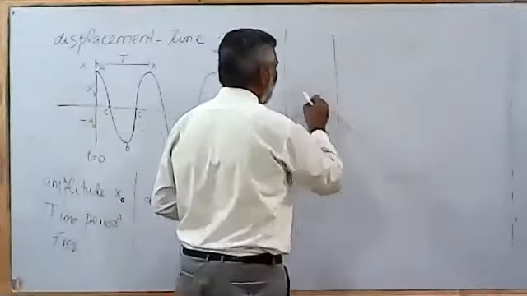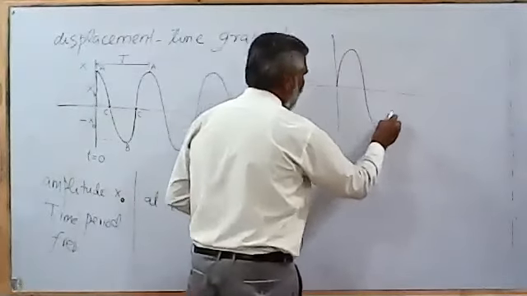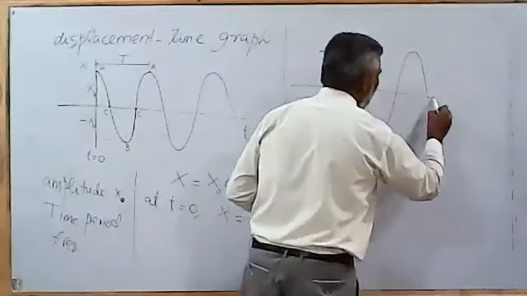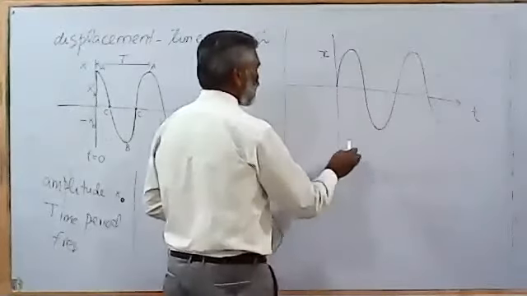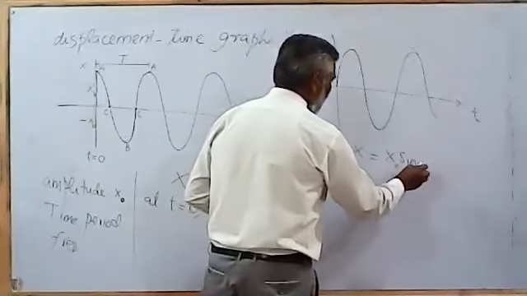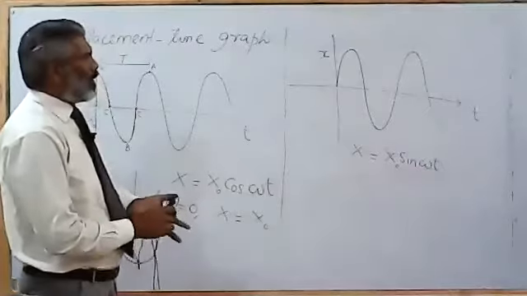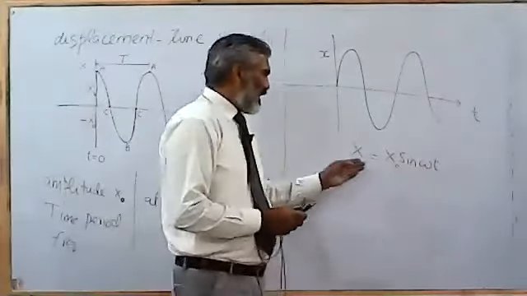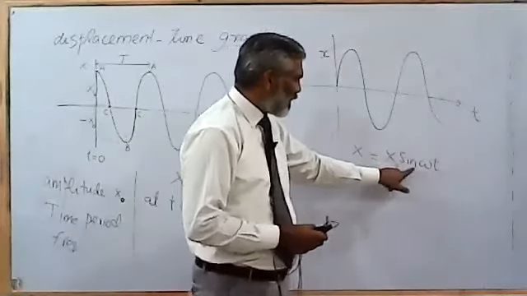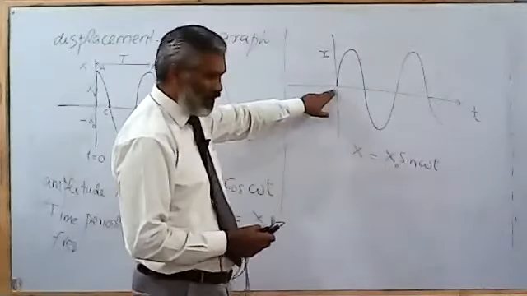For a system which is initially at the mean position and then its displacement varies in this manner in time, its equation is given by x is equal to x naught sine omega t. But in either case, it is the time in which x is varying. Now at t is equal to 0, sine 0 is 0, so x is equal to 0 in the beginning.